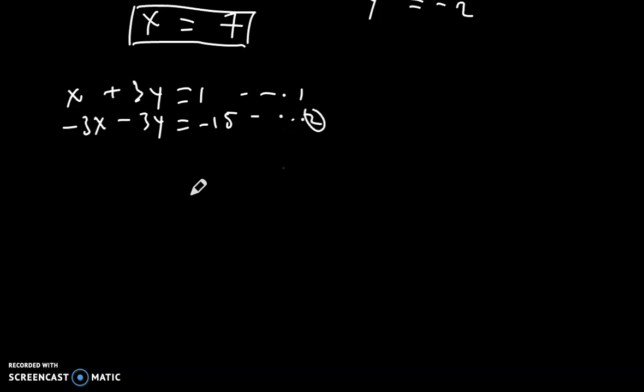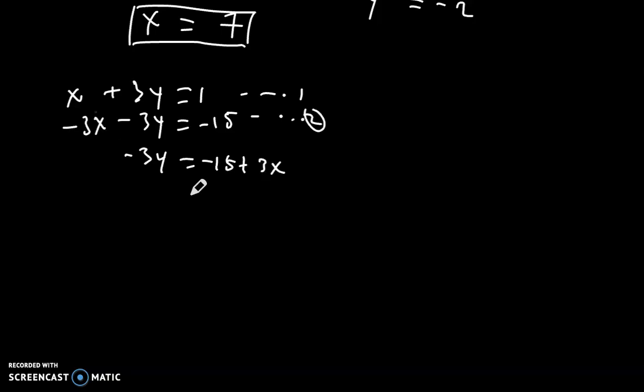Since we want to use substitution and avoid fractions, let's take equation 2. This means that equation 2 becomes negative 3y equals negative 15 plus 3x.